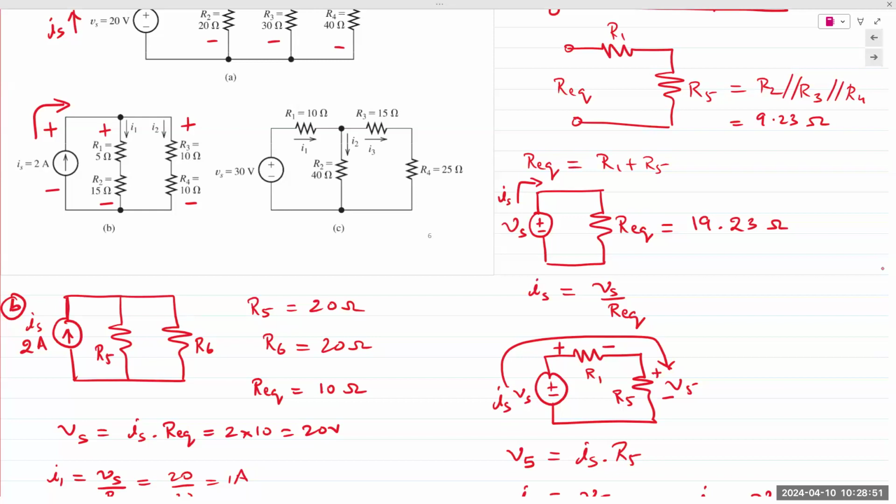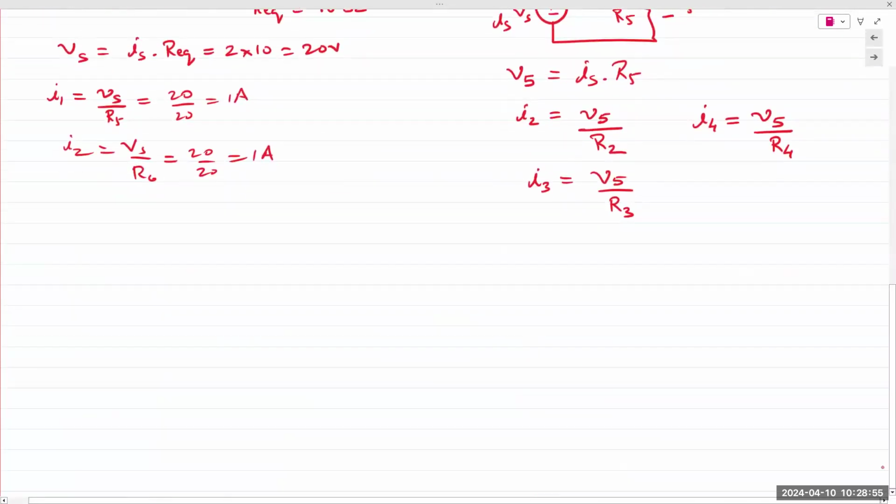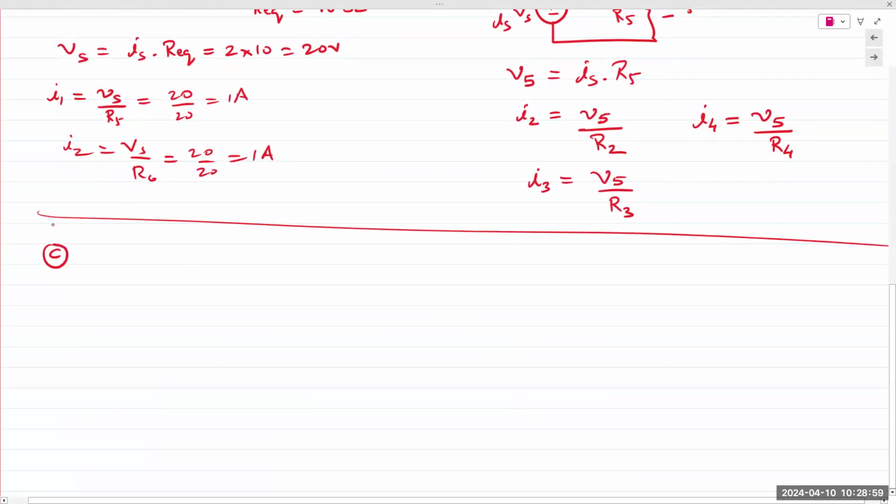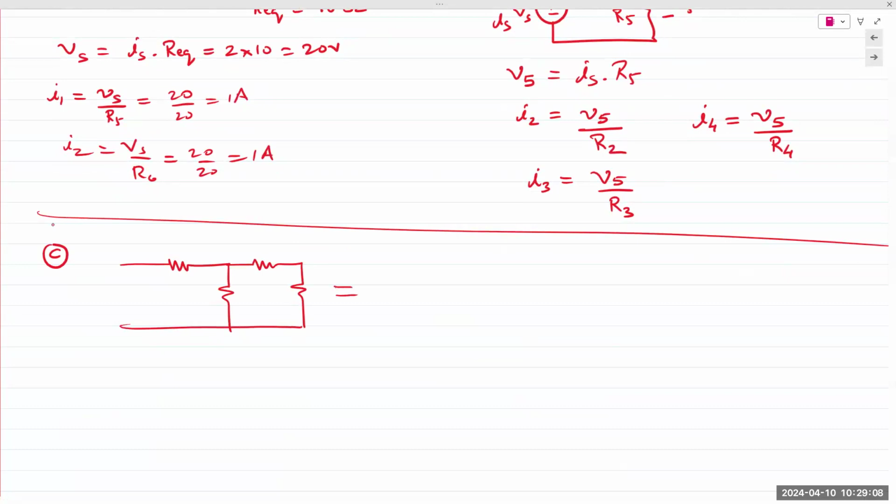Okay. So I'll quickly draw out the equations here. For C, you start at the far end. That takes you to Req, which is measured here.